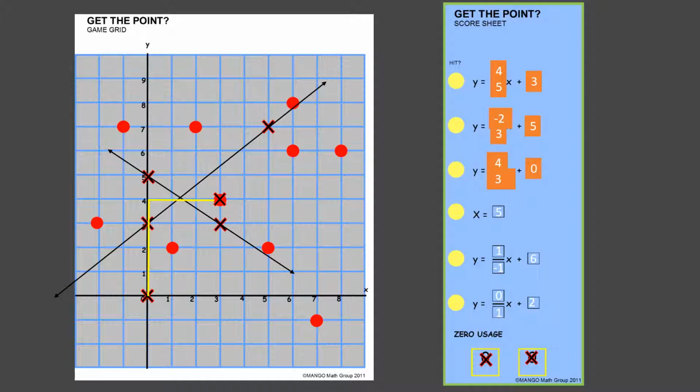Now, once I have that X on there, I obviously have that point because I have an X on it, so I'm going to be able to score that as a point. But once I run my line through that point, I also run it through another point, and I get credit for that one. So that gives me 2 points. I've hit 2 dots on the board, and I can give myself those 2 points.